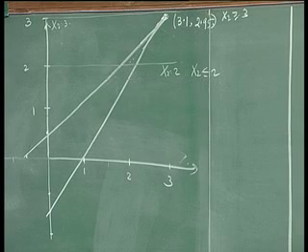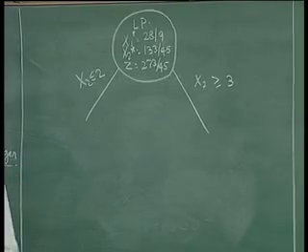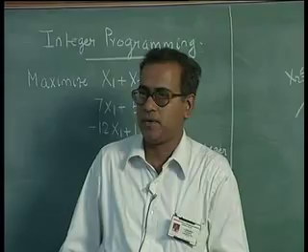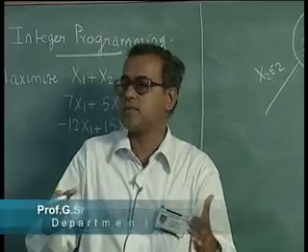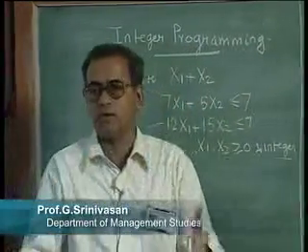There is no feasible area corresponding to these two, but then you know for sure that such an area you do not want to look at because it is not feasible to the IP.